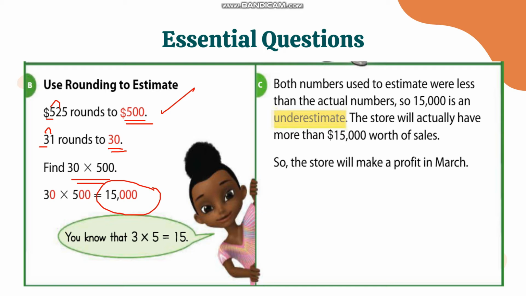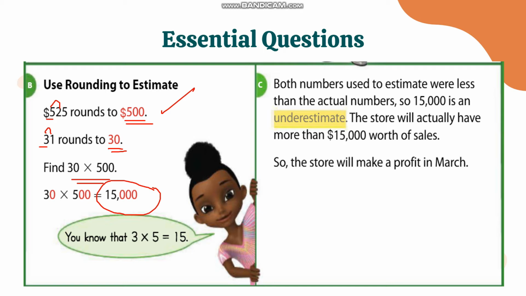Now, teacher, is it possible that I estimate to the nearest tens only? Yes, no problem. Okay? You can round to a different place value. But if there is a question in the exam where you're asked to estimate using a specific place value to round, you need to follow it.